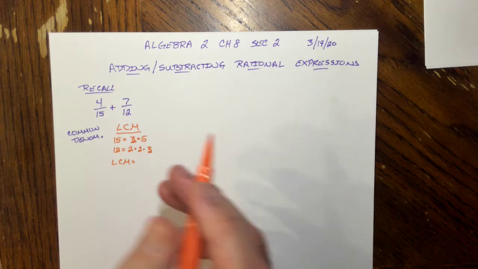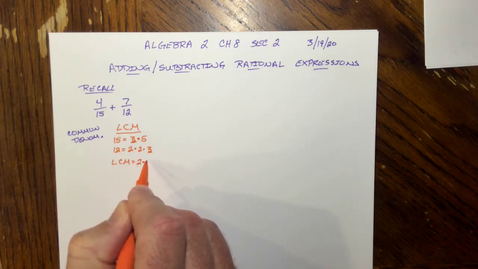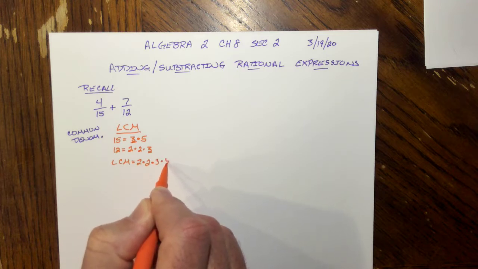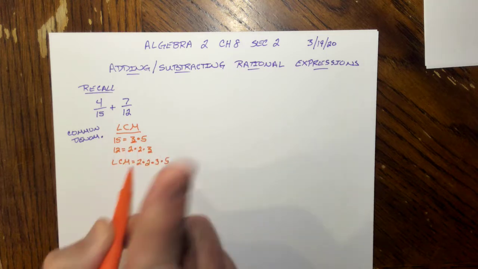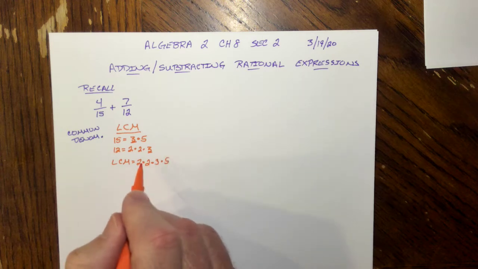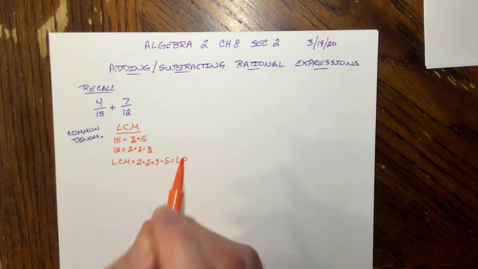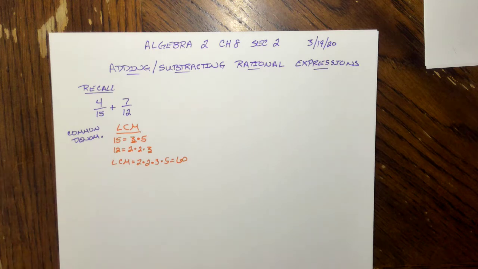So repeats only count once. We'll take 2 times 2 times 3 times 5. There were 2 3's here. We only use the factor once. 4, 12, 60. That's the long version of it, but you're going to need that to help you out with algebraic expressions as we go through these.